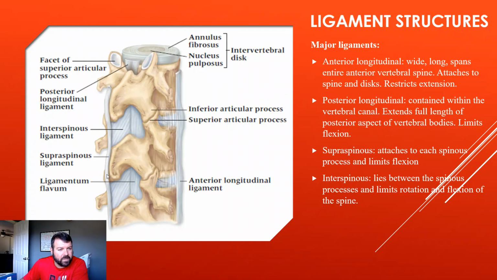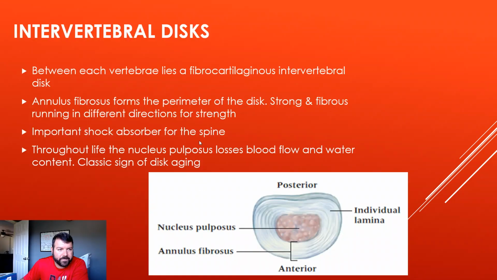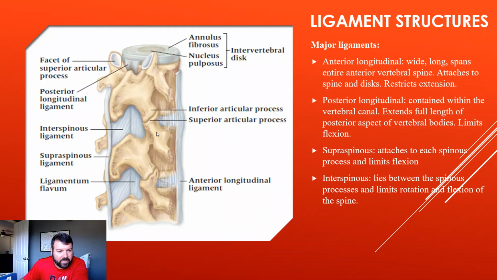All right, so your discs are going to be right in between here, and then in between like this little hole right here, that's where your nerve root comes out. So all your spinal cord segments, every little segment right here, nerves come out, little ones.